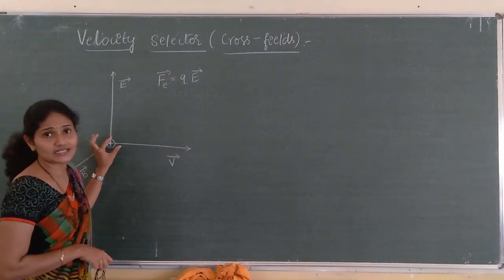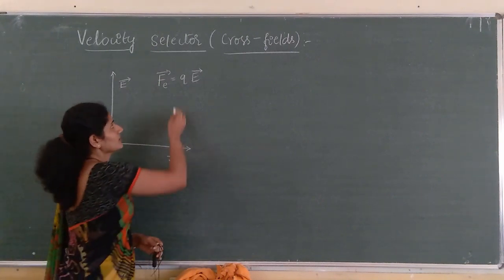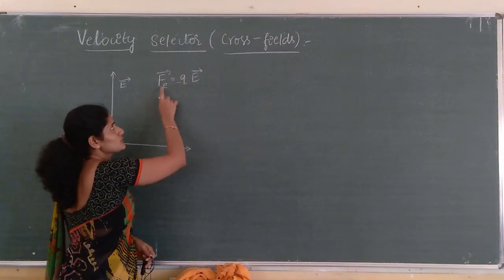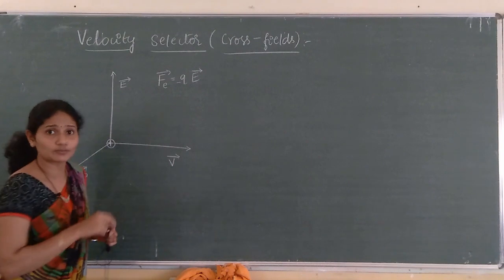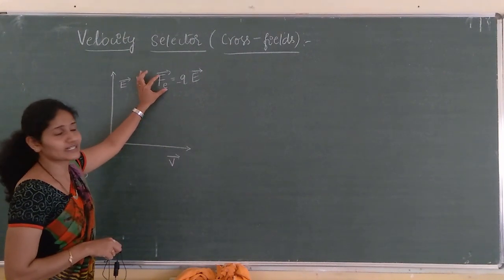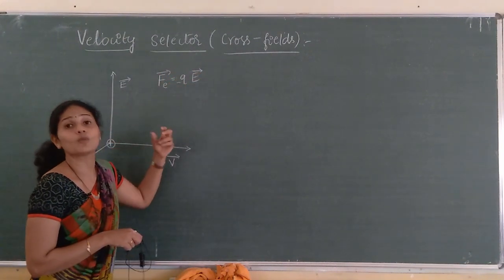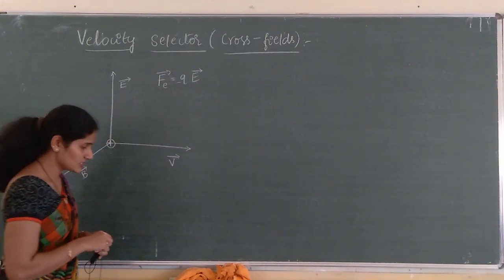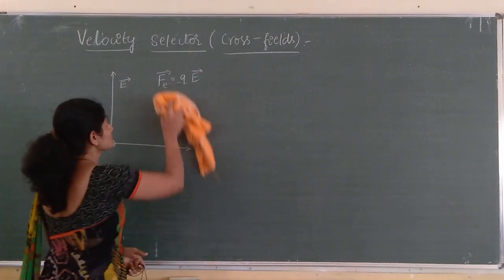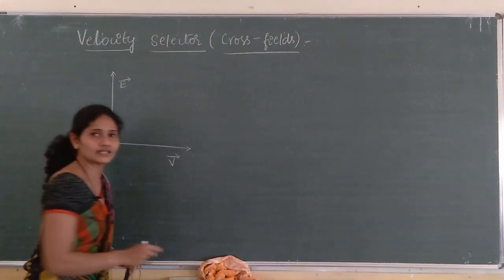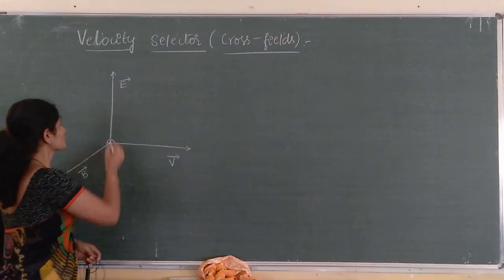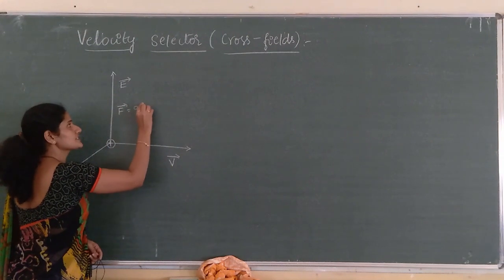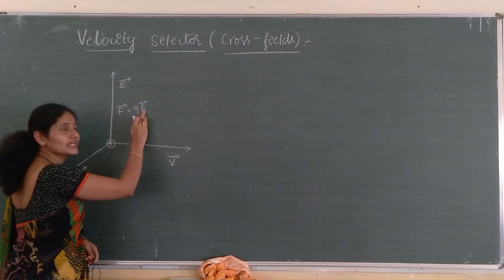If the charged particle is negative, as in case of an electron, we have to put a negative sign, so F is equal to minus Q into E. That means the force and the electric field are in opposite directions. Here we are considering a positive charge, so the force and the electric field are in the same direction. F is equal to Q into E.